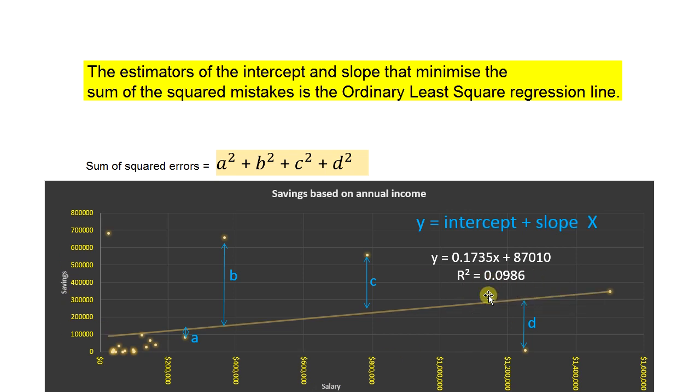R squared helps you to say whether the linear regression model is quite good or bad. In this case, it's not that good. We can already see that there is some data which is very far from the linear regression line, so if I use the linear regression line, what I would estimate might not be close to the actual values.